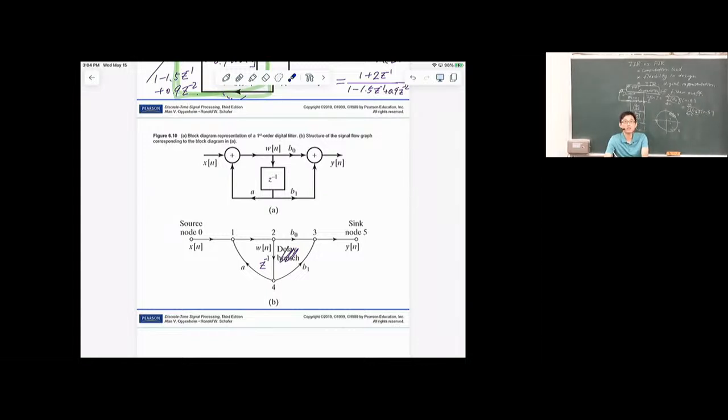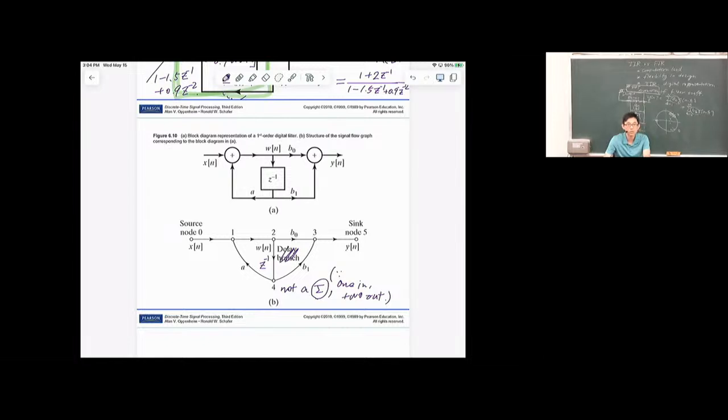Whenever we see two branches flowing into the same node, right here and right there, that is a summation. But not right here. This is one branch, one in and two out, so this is not a summation. This is simply branching: one in, two out.